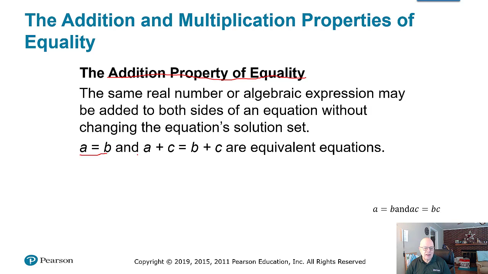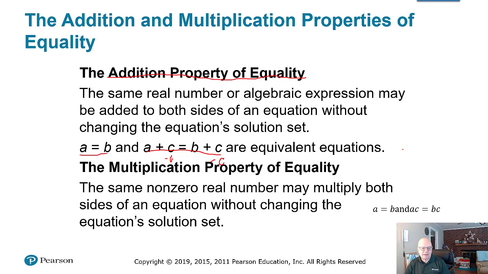So this and this are equivalent equations, because if you subtract c on both sides, I'm using my mouse, so hang in there with me, you end up with a equals b. They're equivalent equations because you're talking about the same x's.